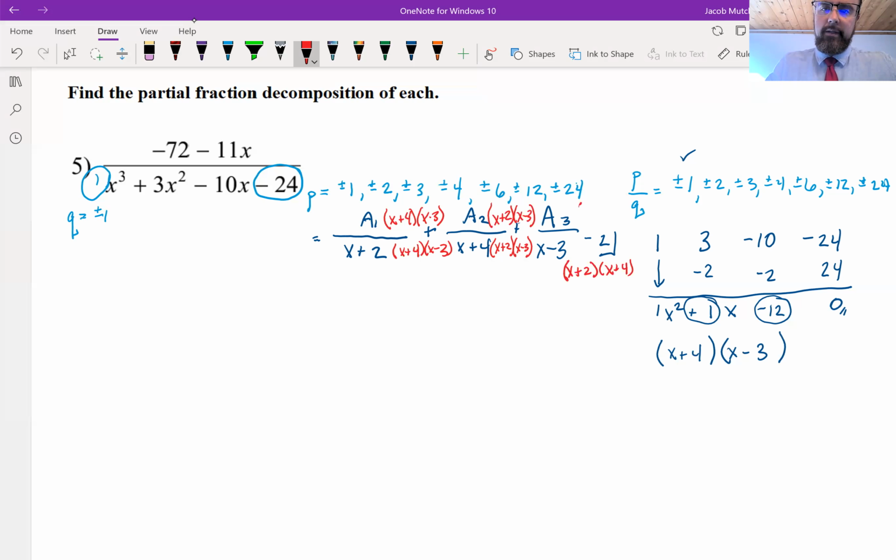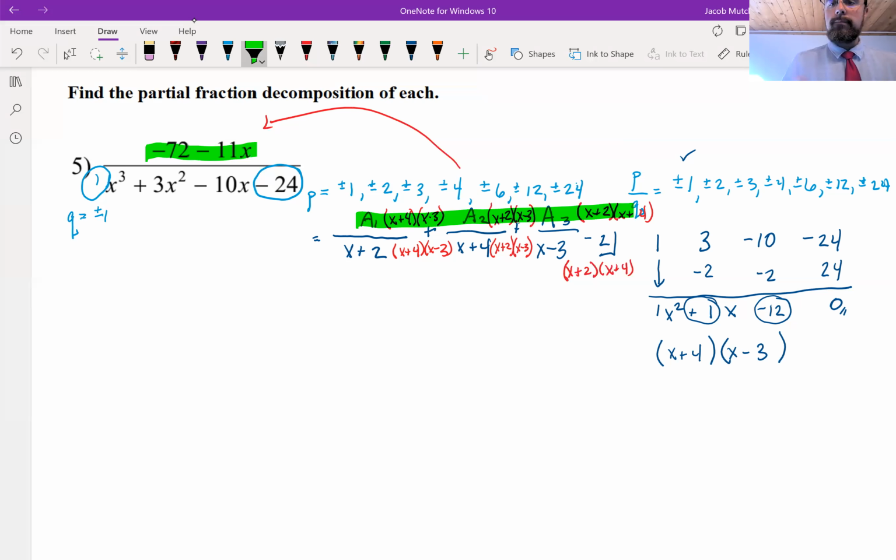And again, what we're doing is we're imagining that we're going the reverse direction, taking this back to the single fraction. But now what I want to do is use the strategy of setting the numerators equal.